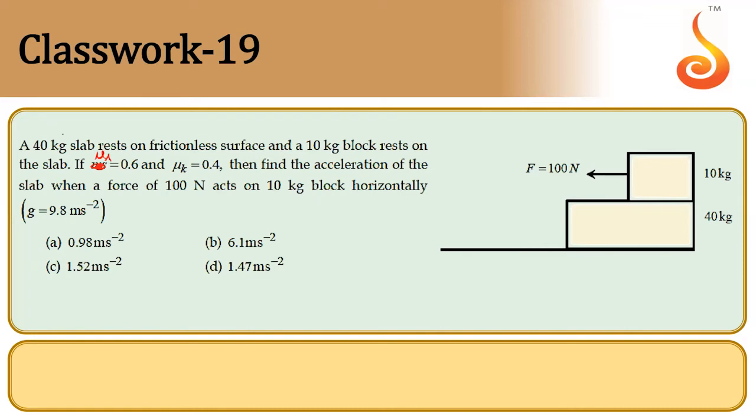Then find the acceleration of the slab when force of 100 Newton acts on 10 kg block horizontally. We need to find the acceleration of this. So with what acceleration it will move. If there is any acceleration, it should be towards the direction of force only. Let us say acceleration is A.